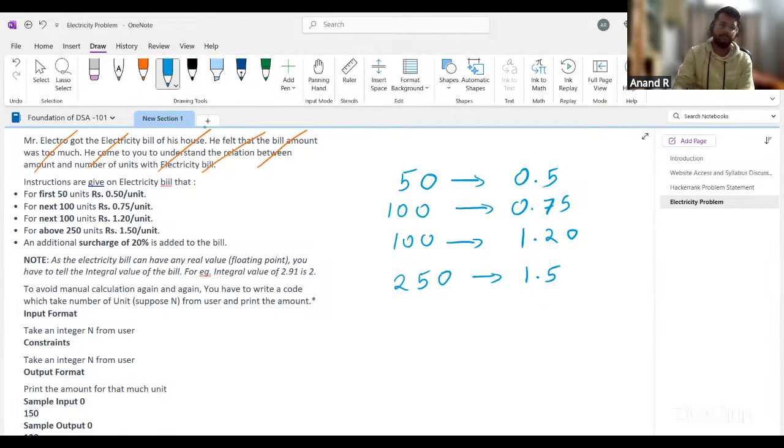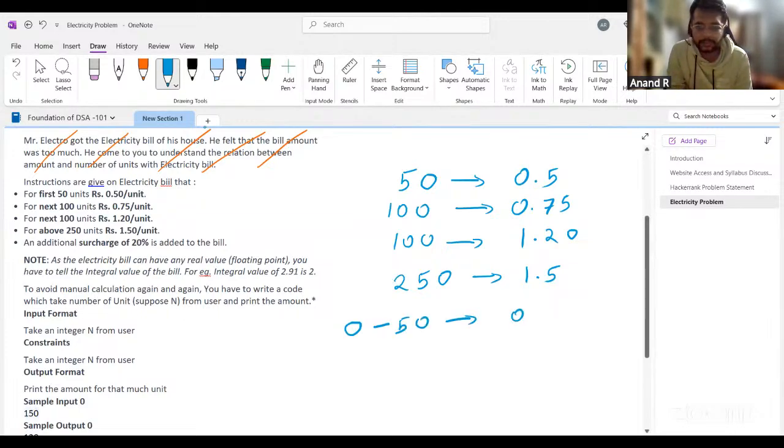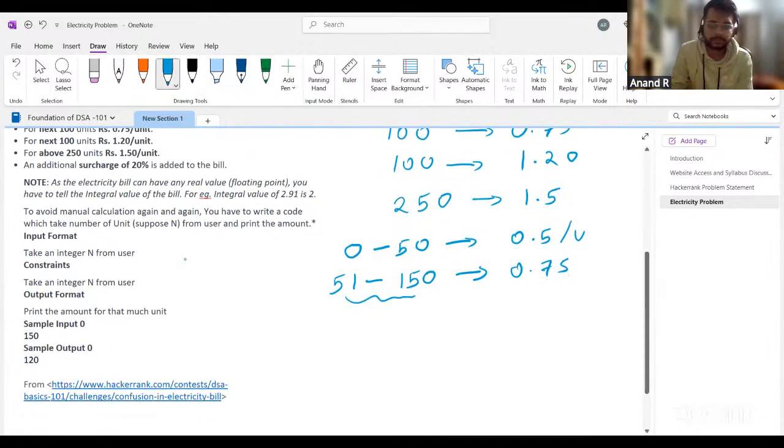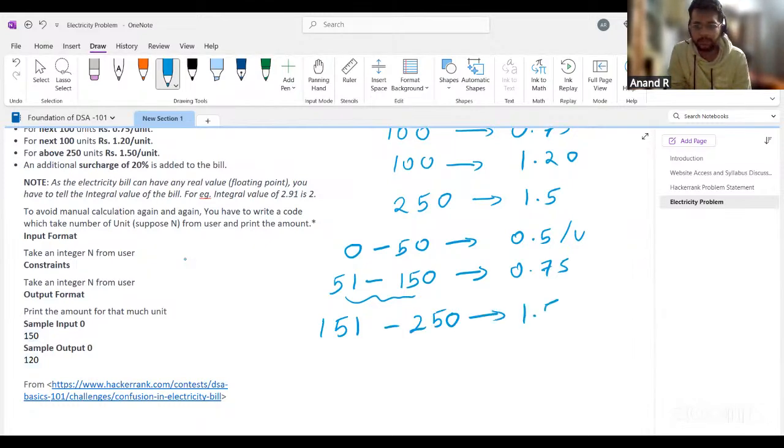Let's break it down. So can I say that when my electricity consumption is between 0 to 50, the cost is rupees 0.5 per unit? When my electricity consumption is between 51 to 150, the cost of consumption over here is 0.75 per unit, and 151 to 250, the cost of consumption is 1.2 per unit.